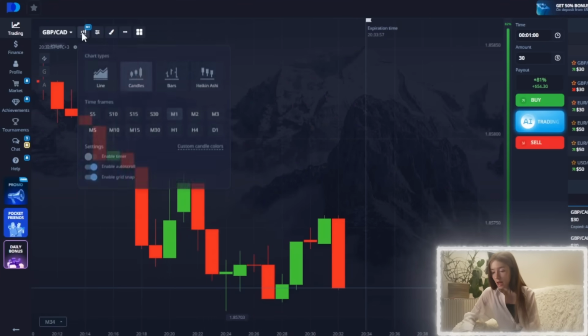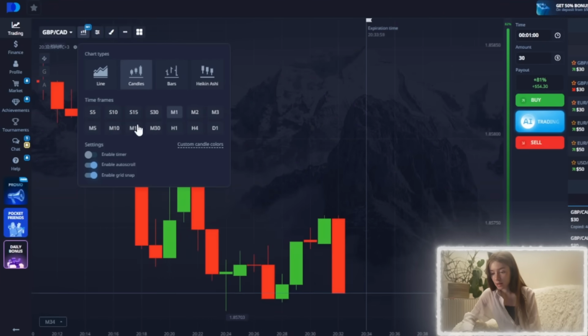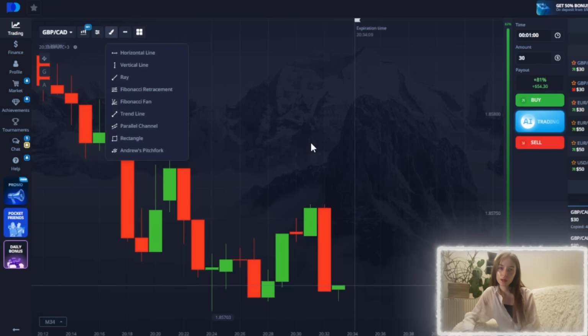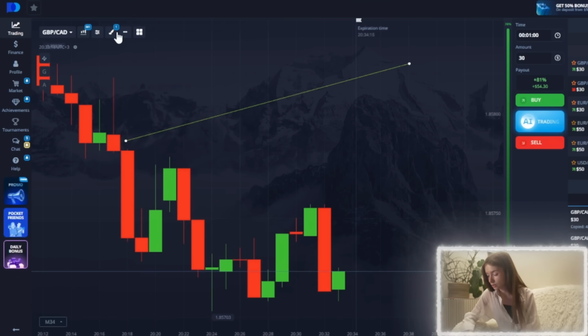In general, I showed you what basic buttons I use. Here everything is simple. Again, here are the time frames, here we choose candles, and in the future we will look in the video at other types of graphics. Here we choose the lines that draw the trend line.